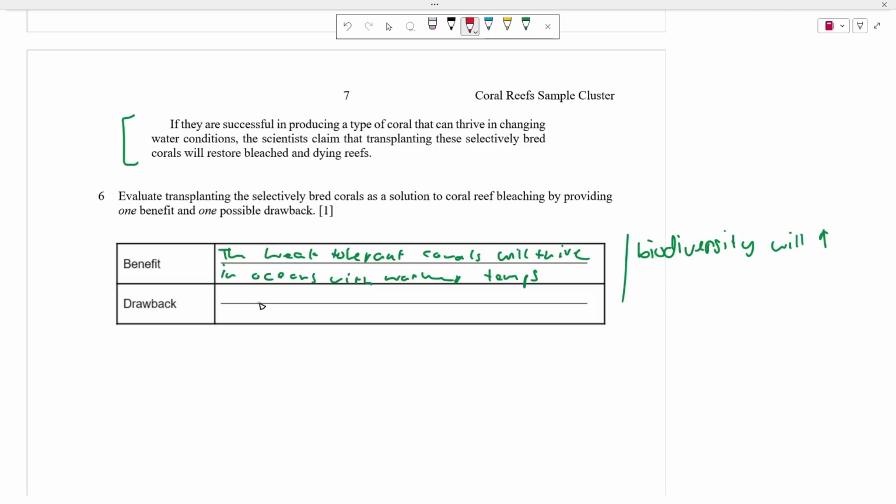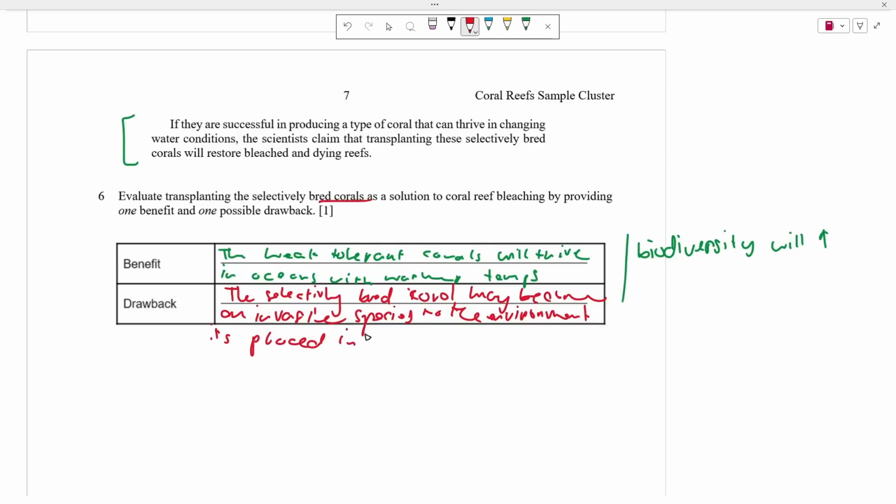So a drawback is that the selectively bred coral may become an invasive species to the environment it's placed in.